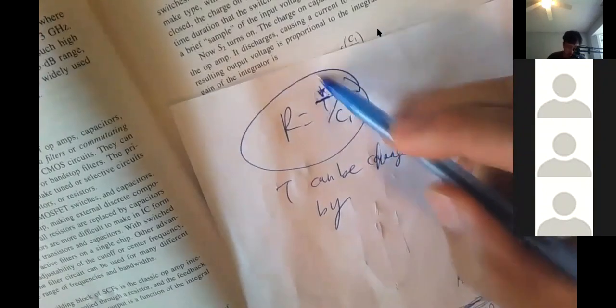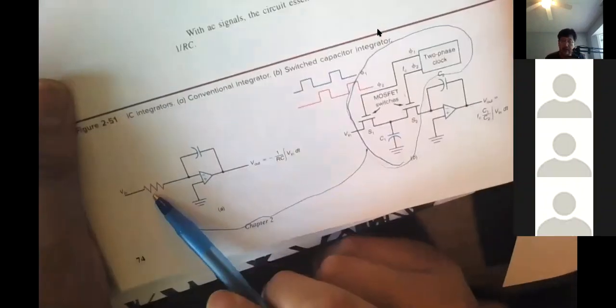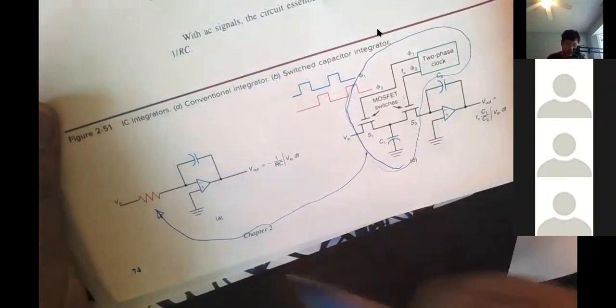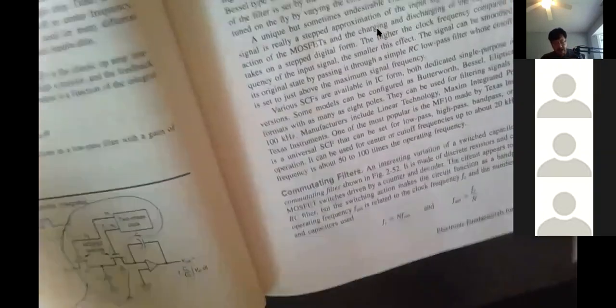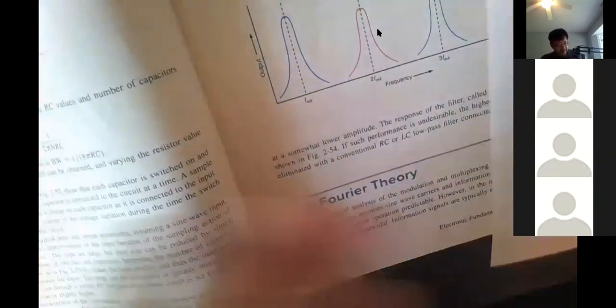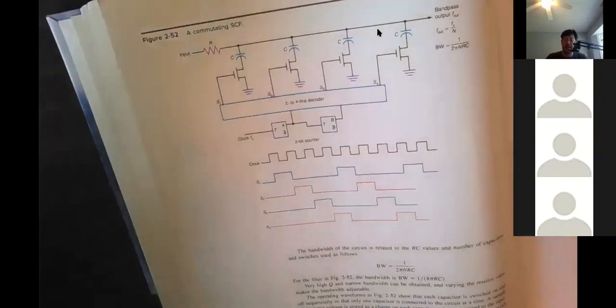So the computer can change T very easily. By changing the T, you can change the resistance. By changing the resistance, we can change the performance of this filter. Another switched application, another magic.